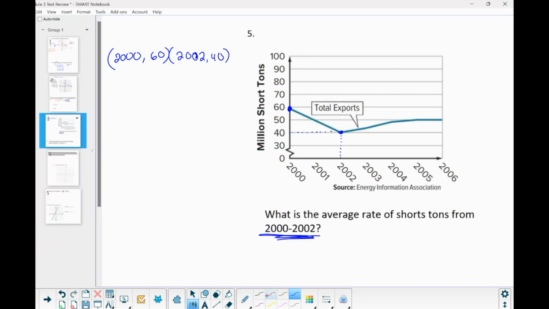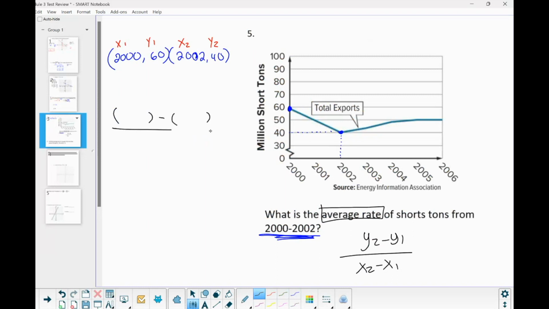All right, now we want to know average rate of change. We know our average rate of change formula is the same as the slope formula, y2 minus y1 over x2 minus x1. I know I started at 2000, so that's going to be my x1, y1. I'm going to 2002, 40. And now we just plug it in. Make sure you format it. That way you don't forget your negatives in between.